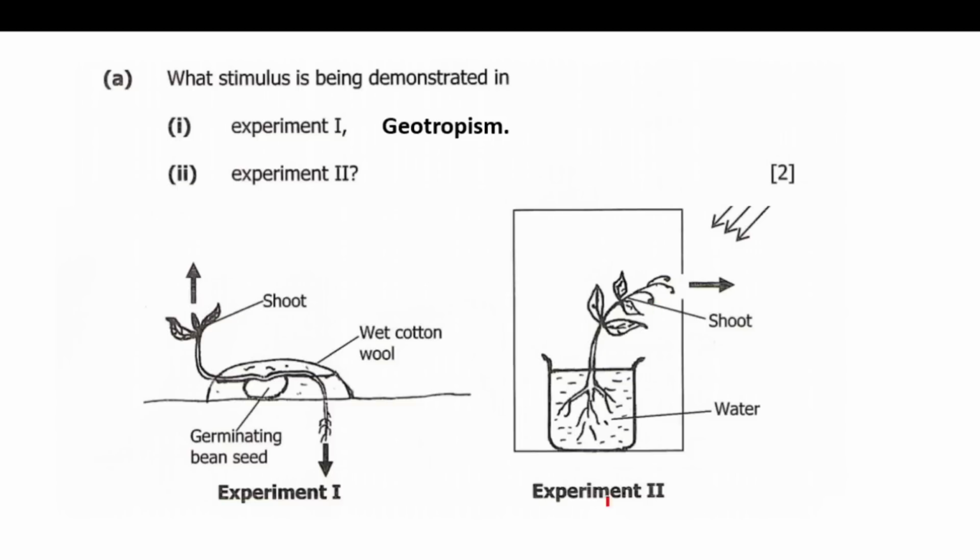Experiment 2 is demonstrating phototropism, which is a response of a plant towards light.